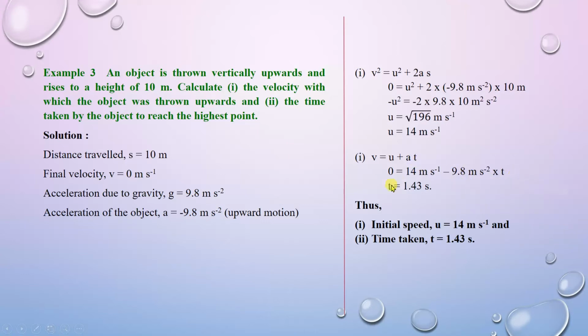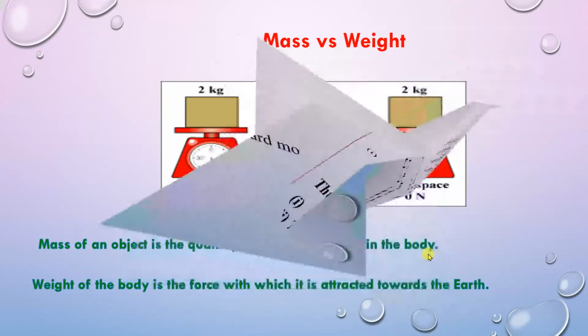So on solving it, taking minus 14 to the left side and then dividing it by minus 9.8, we'll get the t as 1.43 seconds. So the time the object takes to reach the highest point is 1.43 seconds.